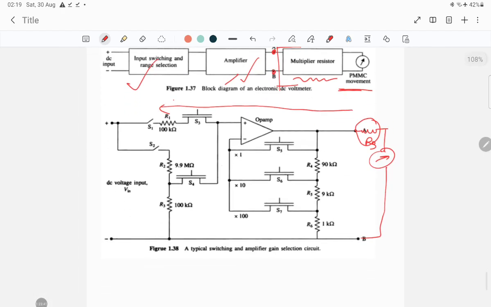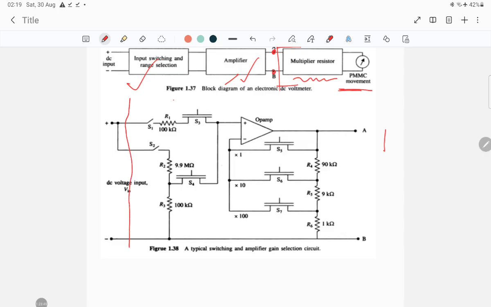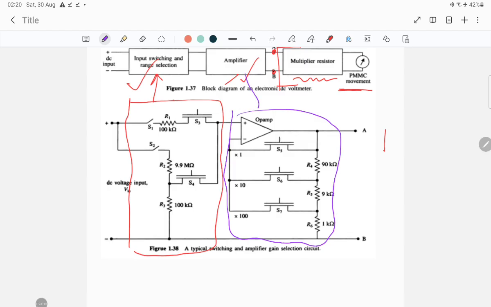So in this particular section, this portion up to this much is related with the input switching and range selection, and the next portion is replaced by this amplifier block.